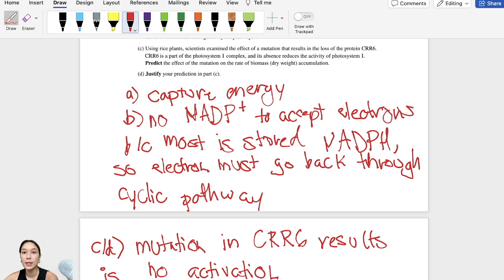And when there is no CRR6, again, its absence reduces the activity of photosystem 1. Okay, so mutation in CRR6 results in no activation, and then that reduces photosystem 1 activity.